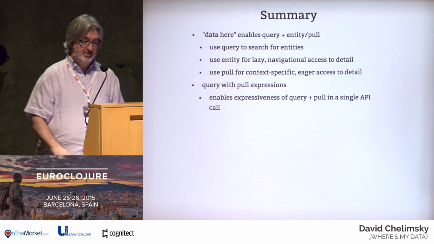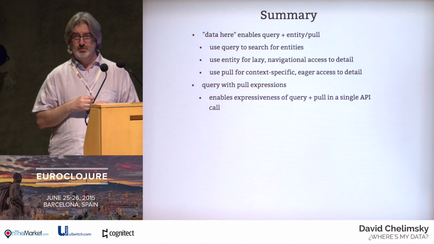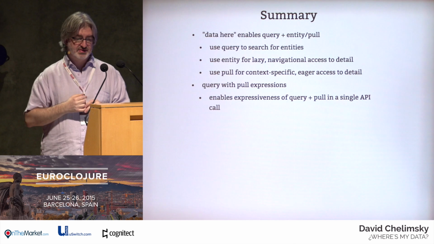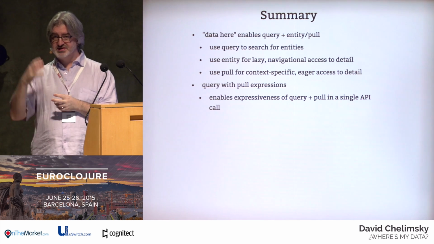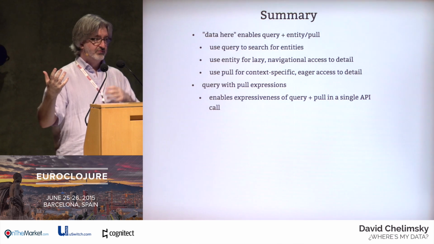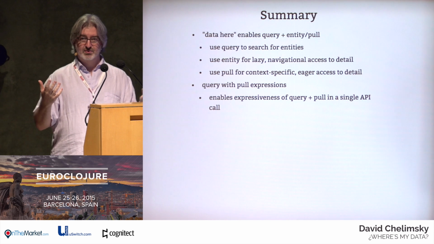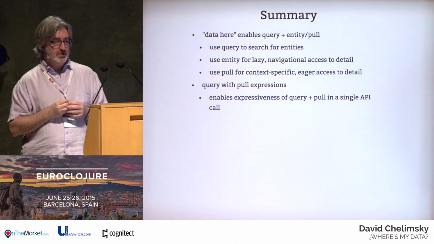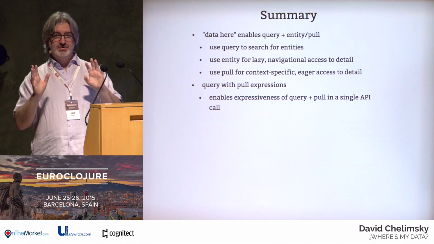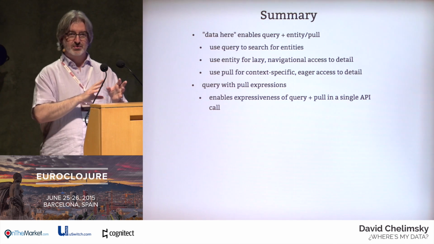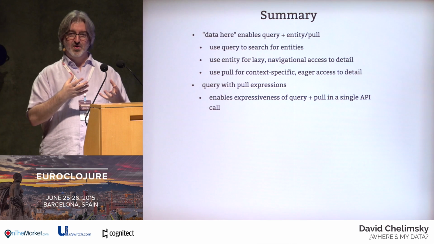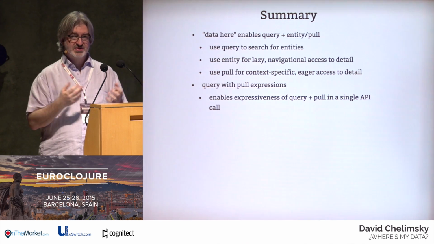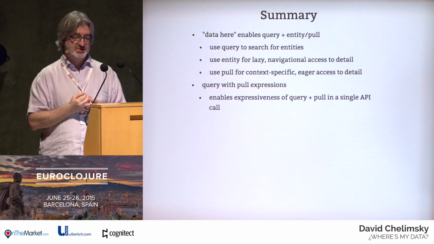So in summary, data here in the same process enables us to separate query from either the entity or the pull APIs. You can certainly get everything that you want in query, but separating these things out, decoupling them, is a very nice way to organize your programs.